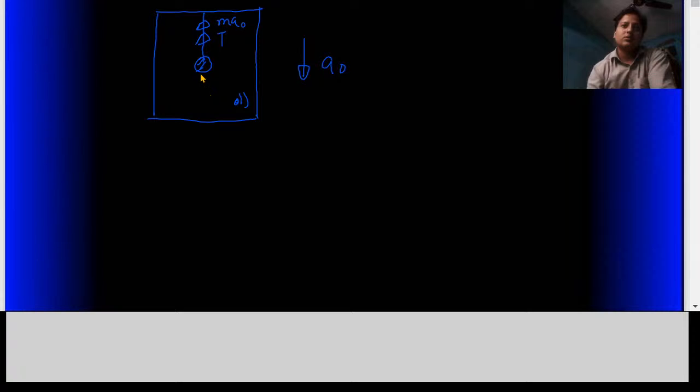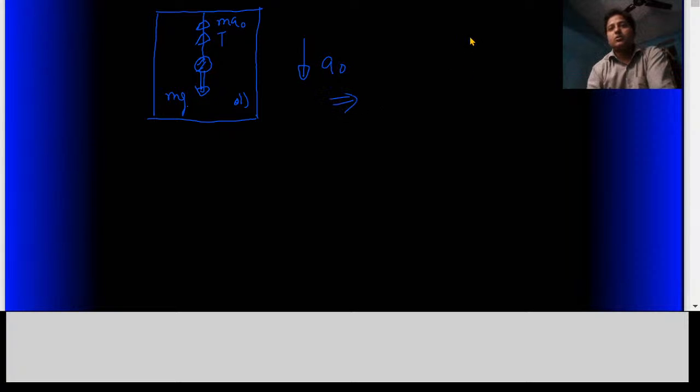What will happen if the elevator goes down with some acceleration a0? For this non-inertial observer, the pseudo force now acts upward and the tension also acts upward. Both forces are balanced by mg.